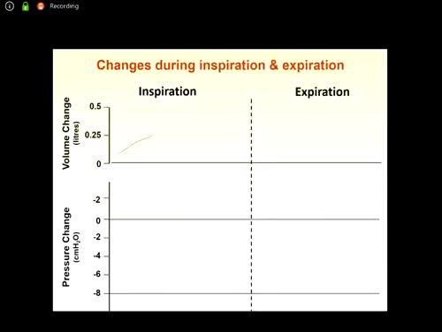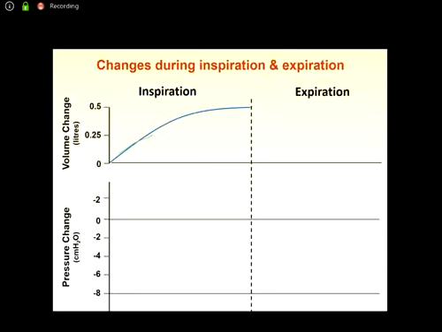Okay, so if we want to see how the volume and the pressure change during inspiration and expiration, we can see that during spontaneous breathing, the first thing that happens is an increase in volume in the chest cavity during inspiration.